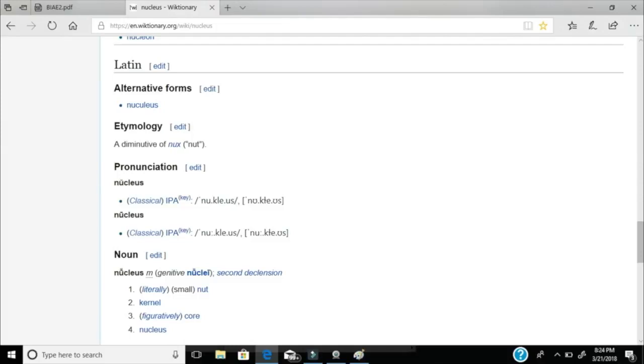The etymology of nucleus is a diminutive of nox, which is nut, and the noun nucleus, masculine genitive nuclei, second declension: 1. literally, small nut; 2. kernel; 3. figuratively, core; and 4. nucleus.